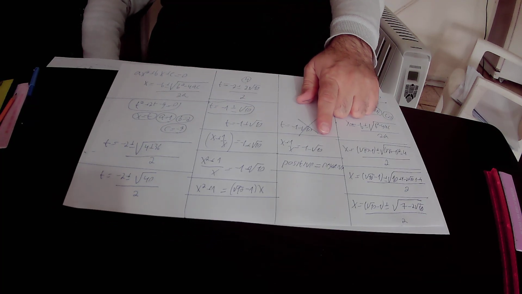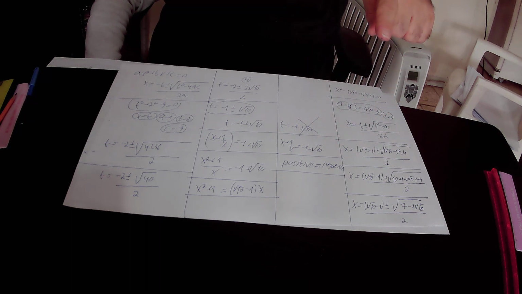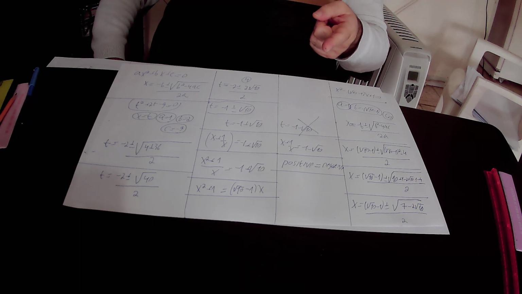But according to the solution that we got, we have an equation that says that a positive number is equal to minus 1 minus square root of 10, that is a negative number. So we have a contradiction, because a positive number can never be equal to a negative number. Therefore, this solution is incorrect.